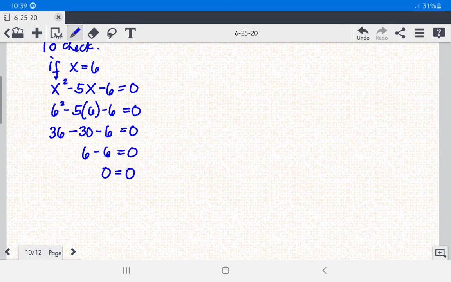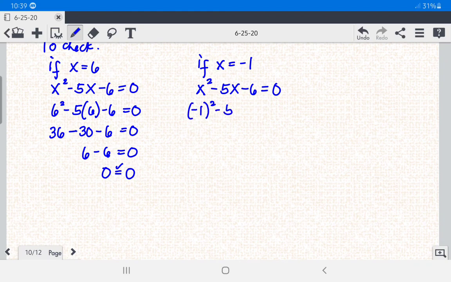Check. How about if x is equal to negative 1? Using the same original equation, x squared minus 5x minus 6 equals 0, we substitute: negative 1 squared minus 5 times negative 1 minus 6 equals 0.